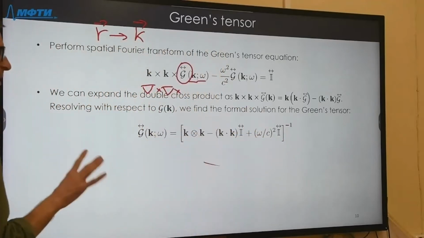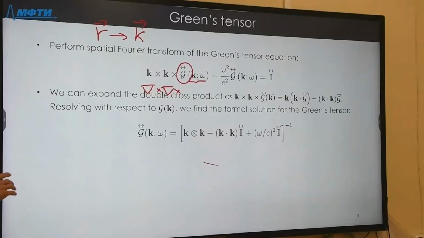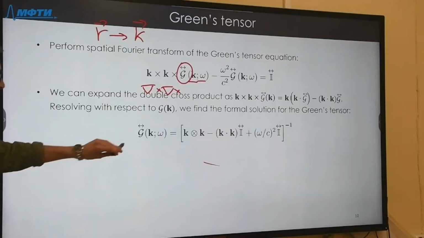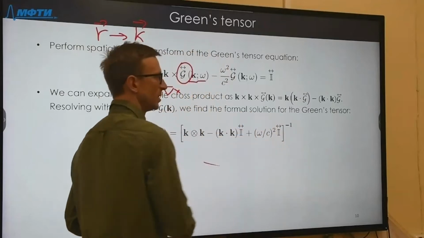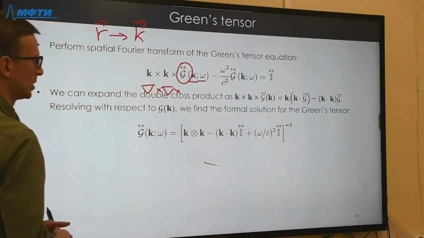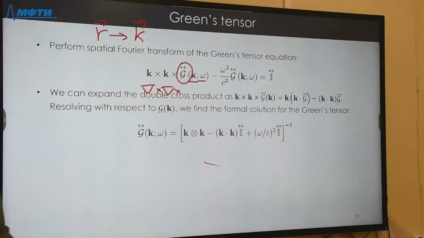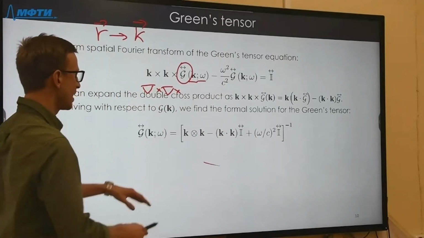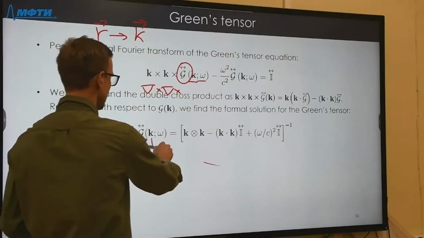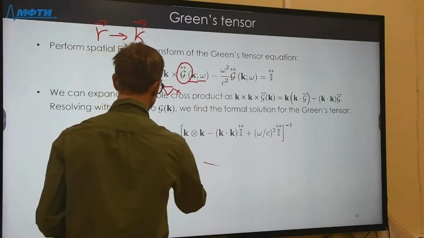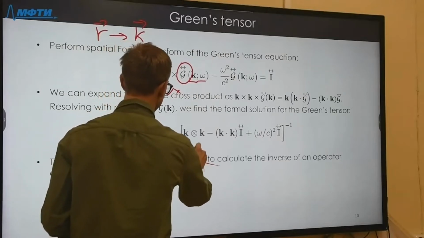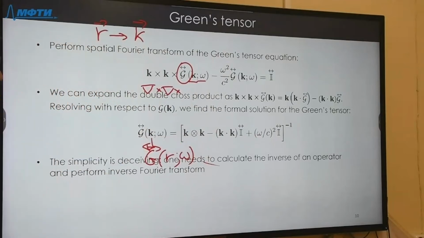But the simplicity of this is very deceiving, because this involves not only calculating the inverse of the operator, which might be really, really tricky, but also you have to take this thing and calculate the Fourier image of this to get the real tensor in the real space, okay? And this may be very, very complicated.